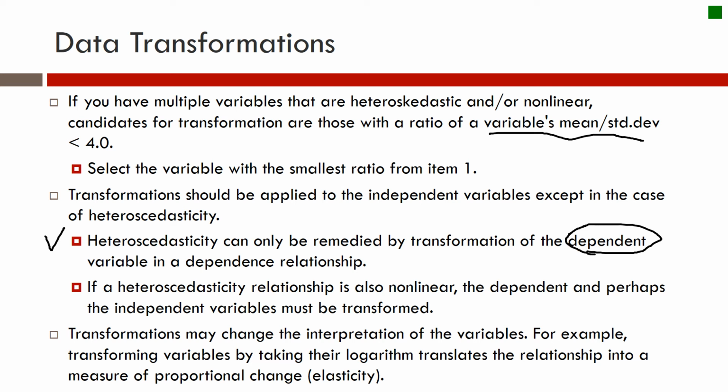If we have other issues of nonlinearity, then we may also include the independent variables, but heteroskedastic data or relationships need to be adjusted by the dependent variable and not the independent variable in that particular case.